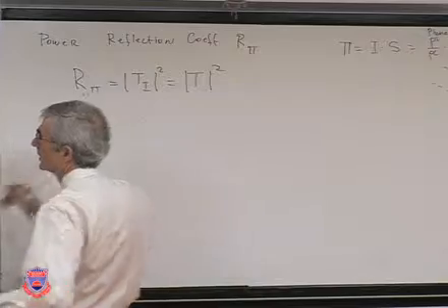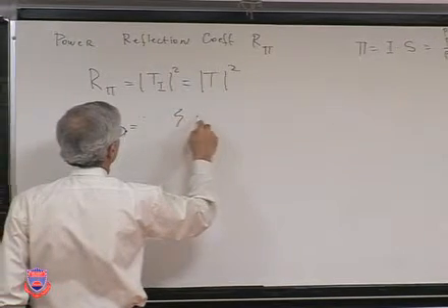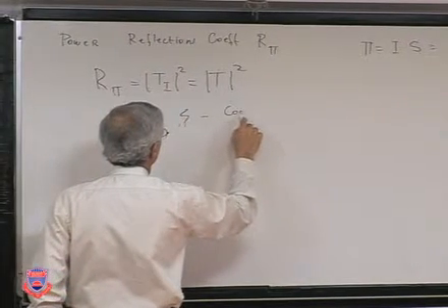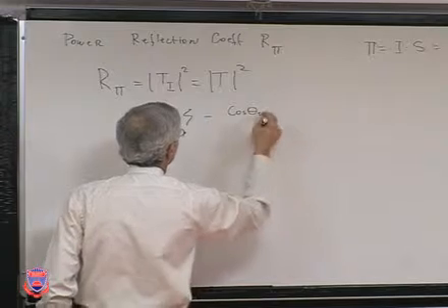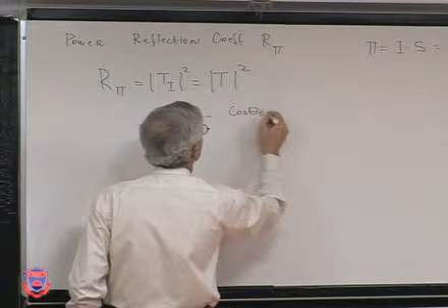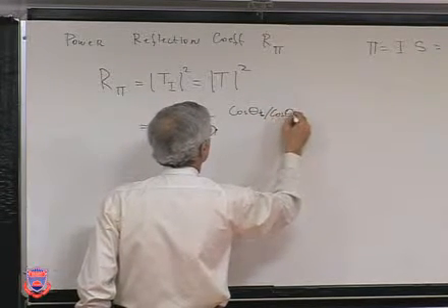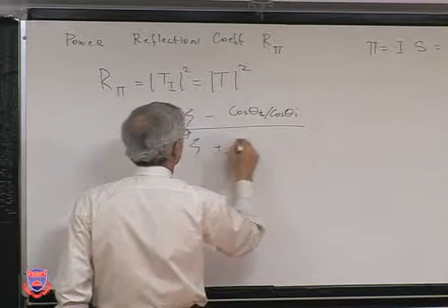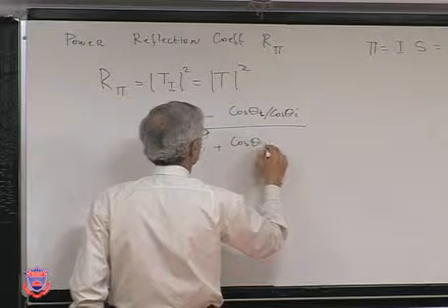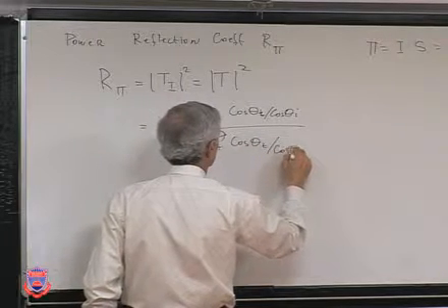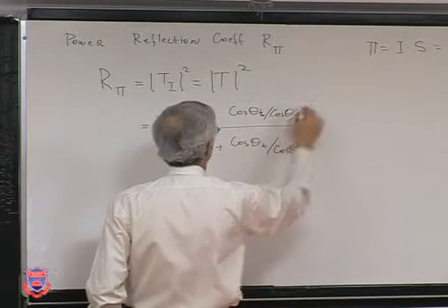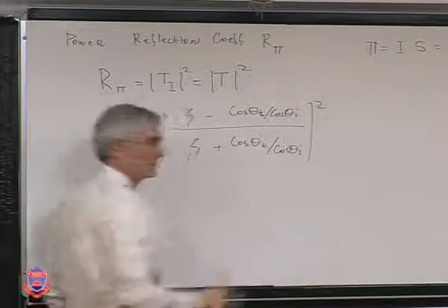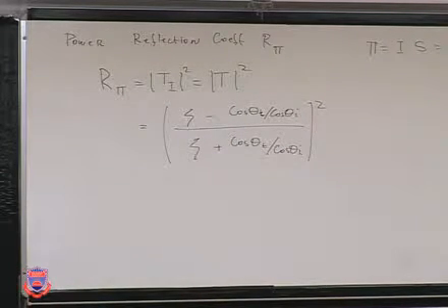And that would be, what was our value, zeta? That's the power reflection coefficient.